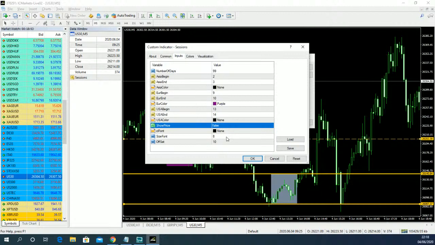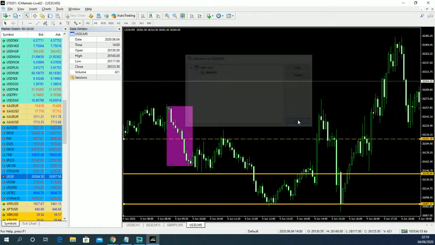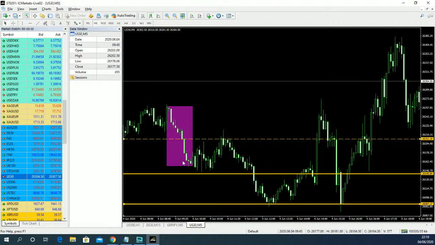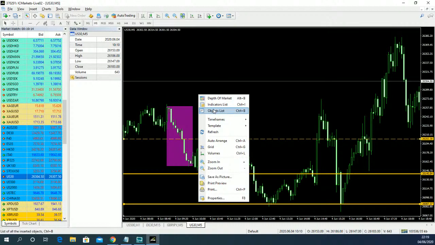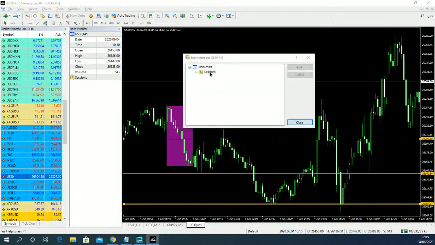So if you don't want to see the US color, you just set it to none, and you'll be left with just the Euro color only. You will see now that this color will disappear, and then you only see the Europe color. The same thing applies if you want to see the Asian section only.